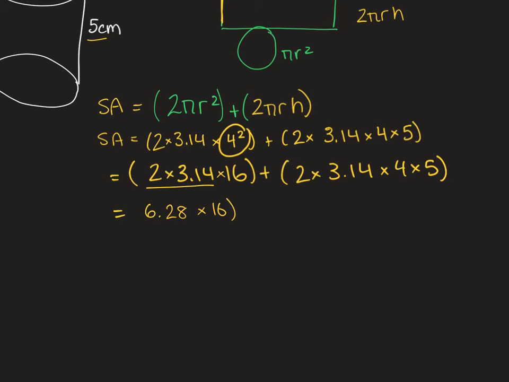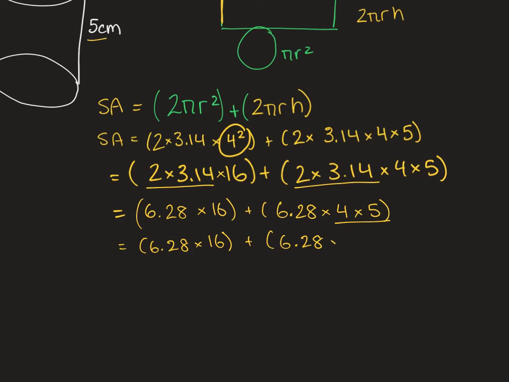Oh, I forgot my multiplication sign there earlier. Plus, why don't we just use that same one again? 6.28 times 4 times 5. I could then do 4 times 5. So everything else will stay the same: 6.28 times 16 plus 6.28 times 20.